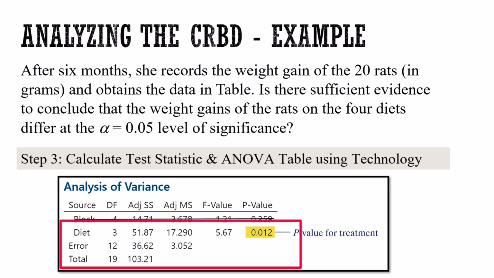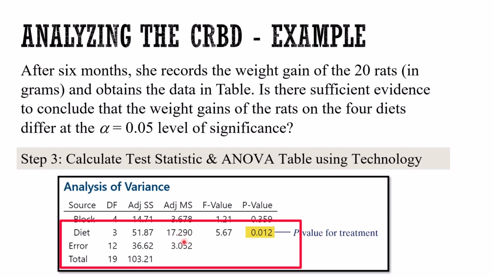So we have the DF for diets as 3, and then the sum of squares came up to 51.87 for the diet, and for the error, the sum of squares was 36.62. The mean square was 17.29. How did we come up with that?